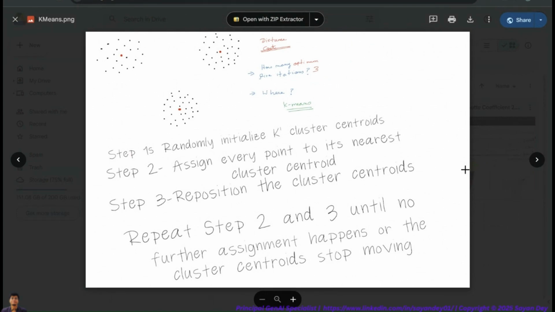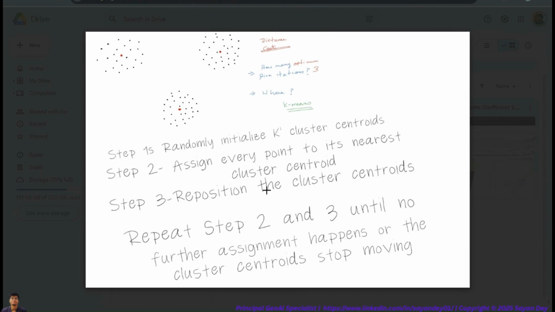I know it's a lot to take in. So I'll try to give some animations to help understand this concept better. But just give it a glance again, all of you. So first step, randomly initialize k cluster centroids. Initially, you initialize the centroids here, here, wherever. Step 2, we assign every data point to its nearest centroid.